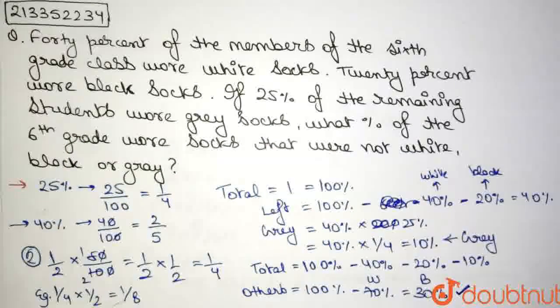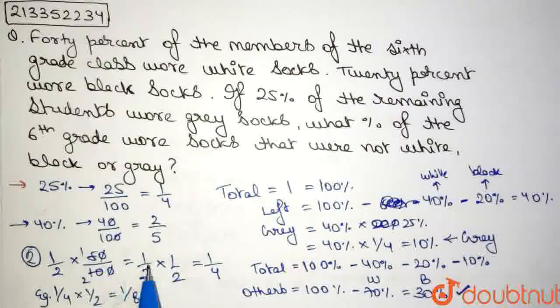So again briefing, first we learned how to convert percentage to fractions by simply dividing by 100, right? Second, we learned if we are given a value in fraction or percentage and we want to find a particular percent of that, we simply convert that percent into fraction and multiply. So like if you want to find 50% of 1 by 2, we multiplied it by 50 by 100 or the fraction form of it.